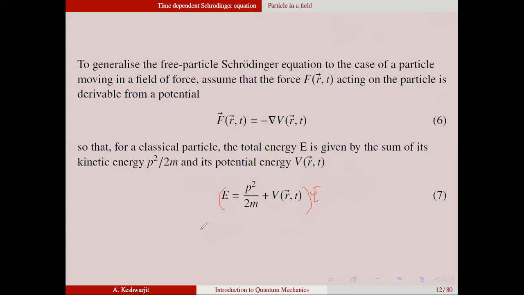We will get here E psi, E psi is I h bar del psi by del t. This is equal to P square by twice m psi, this is minus h bar square by twice m, the partial derivative of psi with respect to x twice, plus V psi. V will remain as it is, V operating on psi.